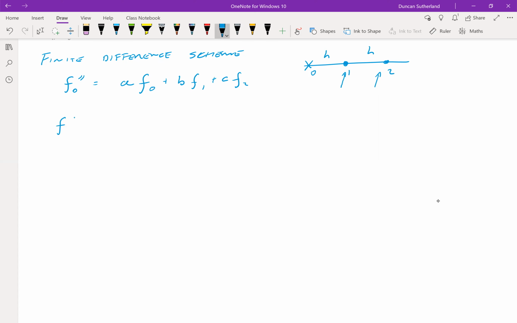So f of x equals, so it's the Taylor series of f at this x naught location, if you like, right? So we're going to expand around x naught.